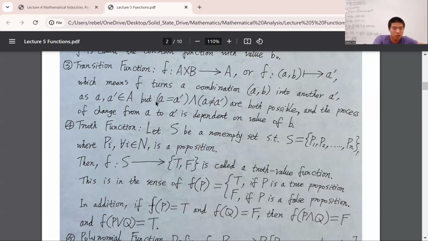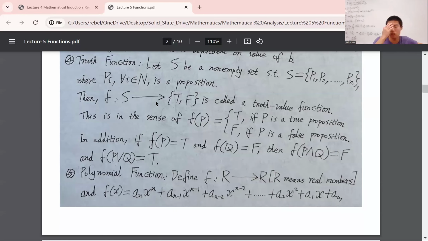And the fourth type is called the truth function. This function is not very commonly used in practice, but it is familiar to you because you studied logic in the first lecture. The truth function: take a non-empty set S constructed from many propositions, denoted P1, P2 to Pn.